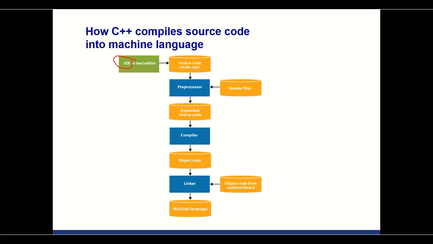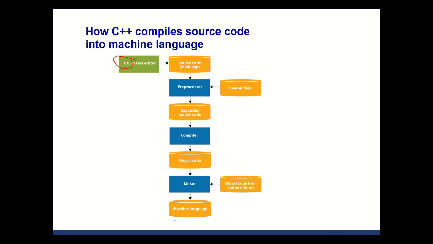That's why we use Visual Studio. It's pretty easy to run, test, and debug the application. So from the IDE or text editor you get the source code, and you compile the source code into machine language. There are multiple steps in between.